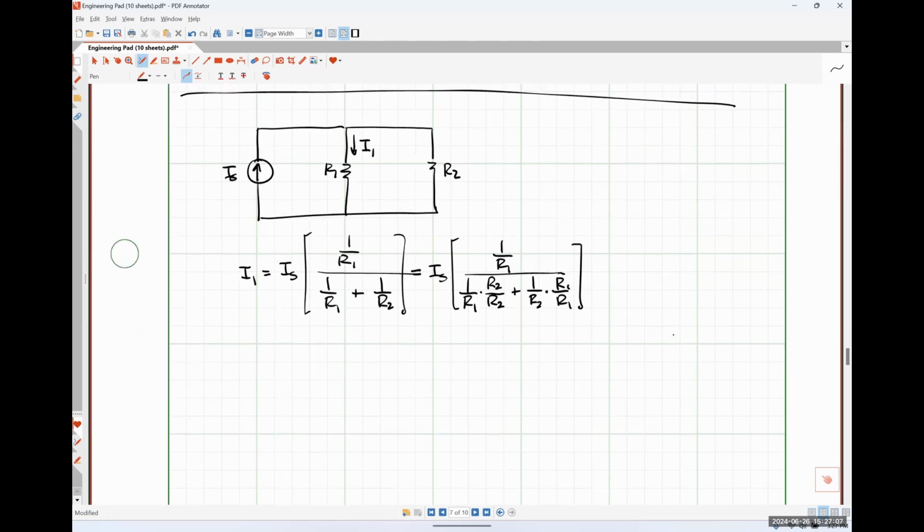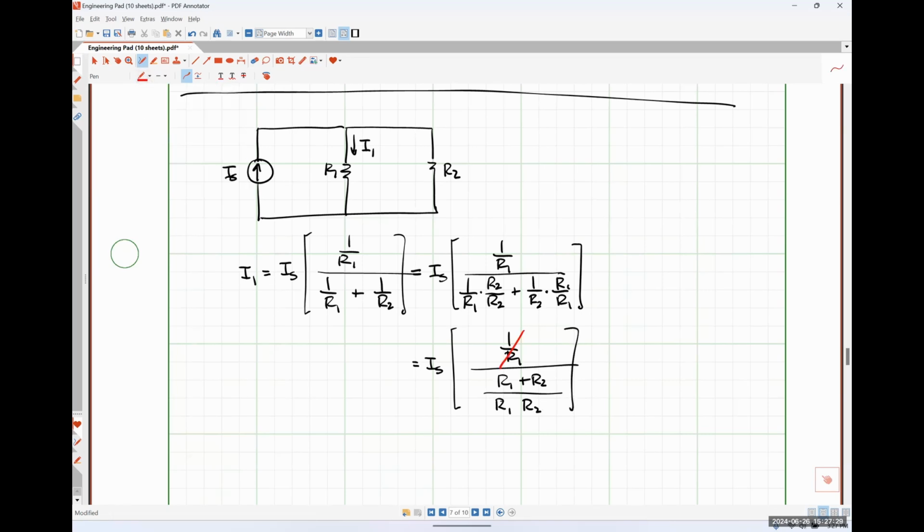So what that gives me is IS times 1 over R1 divided by R1 plus R2 divided by R1 times R2.